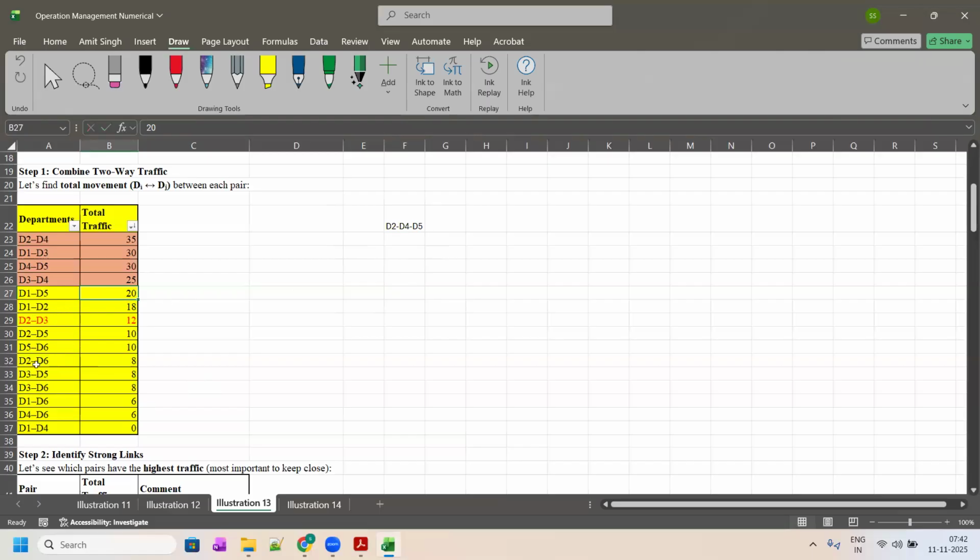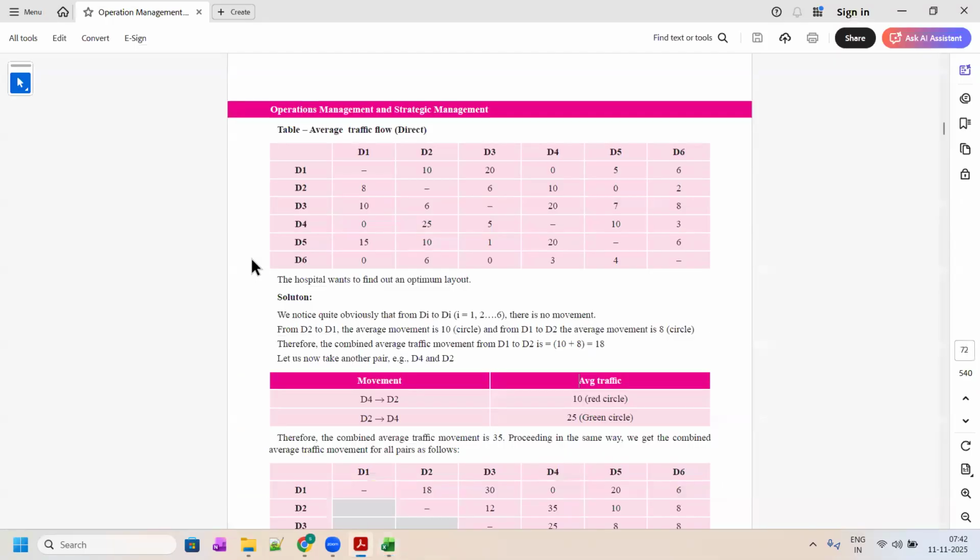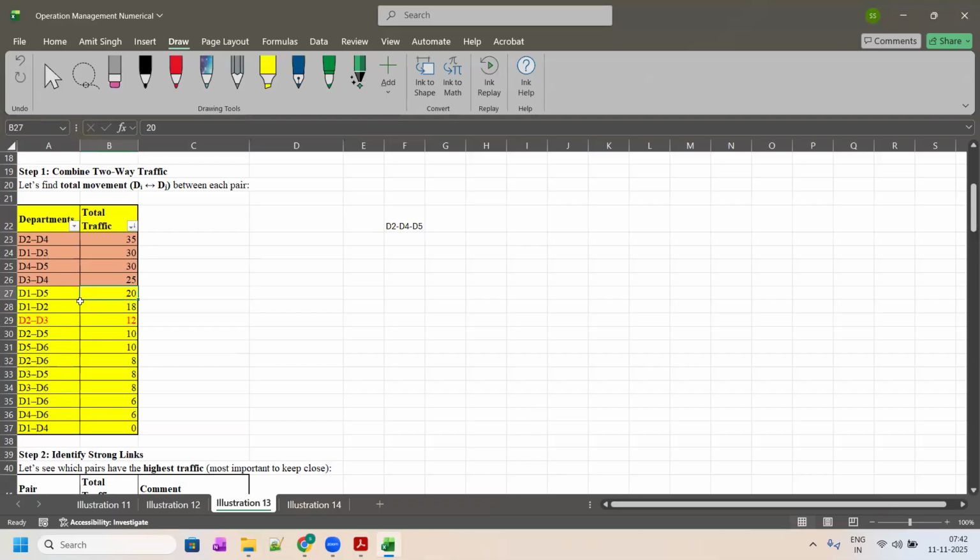Which is cheaper? D1 to D6 is 6, and D1 to D3 is 30. So I'll put D3 from D1, and from D3 I'll put D6. Something like this I can create as a possibility.